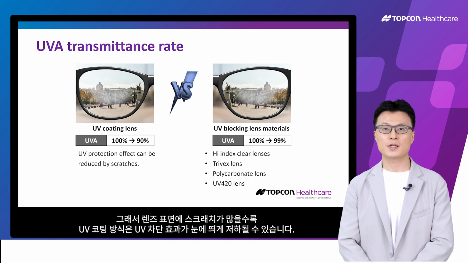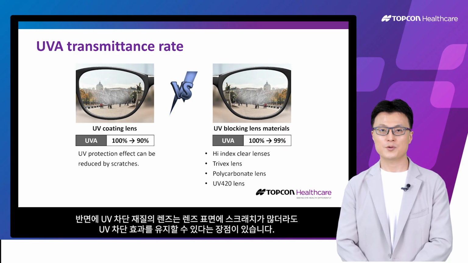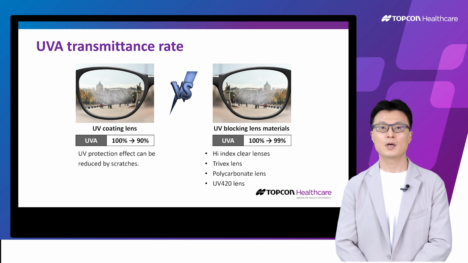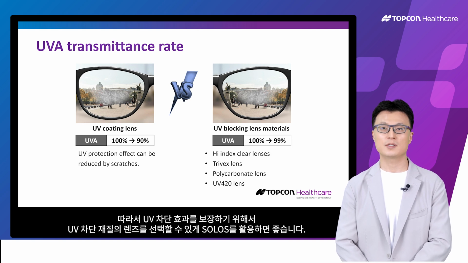So, the more scratched the lens is, the worse the UV protection becomes with the coating. In contrast, UV blocking lens materials maintain their UV protection even if the lens surface is scratched. That's why, to ensure consistent UV protection, it's a good idea to use SOLOS to help choose lenses made with UV blocking materials.